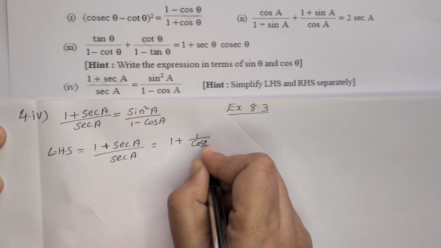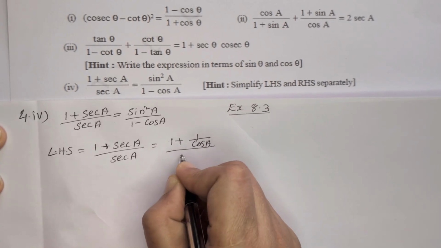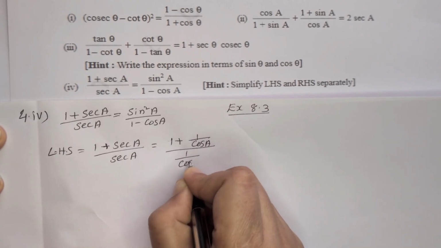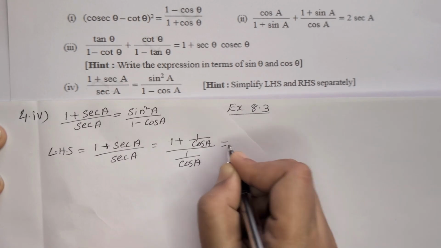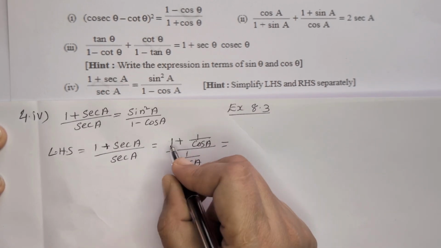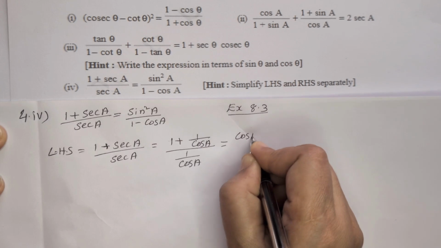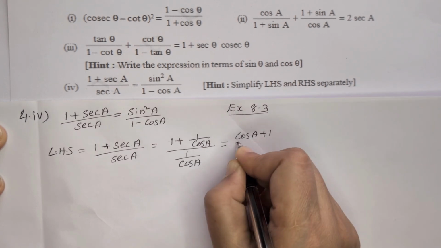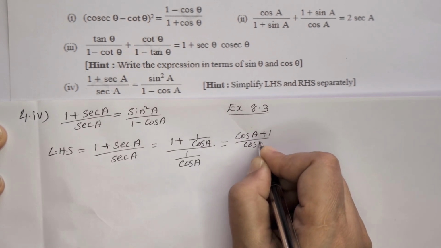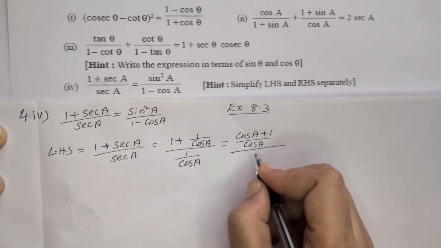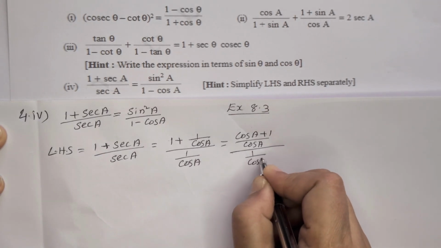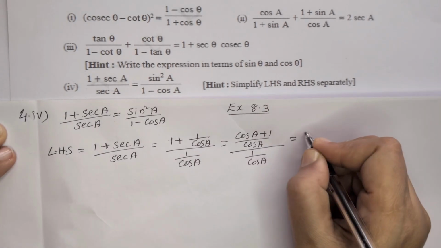In the denominator also, sec means 1 by cos A. Taking cos A as the LCM, that will come as cos A plus 1 divided by cos A, and the entire thing divided by 1 by cos A. So here we have to take the reciprocal.